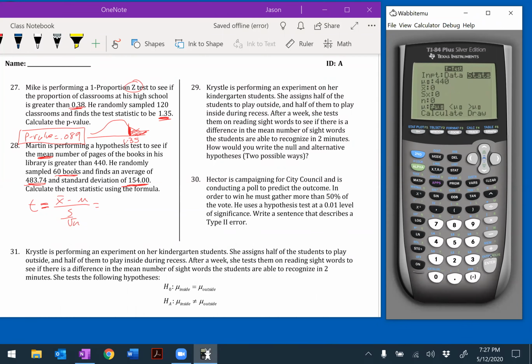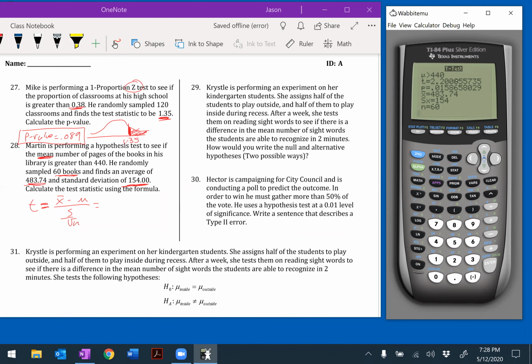We come out with an average of 483.74 with a standard deviation of 154. The number of books that he has is 60 books, and we want this to be greater than. Yep, greater than. Let's calculate this thing out. And it tells me the t score is 2.2.